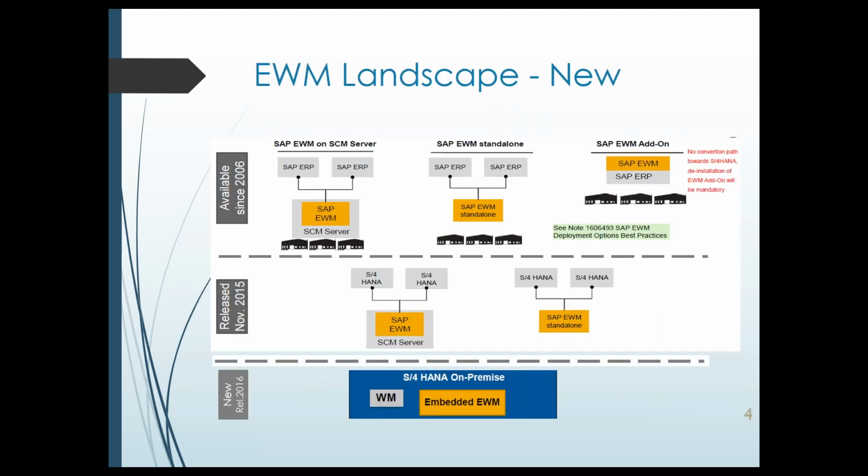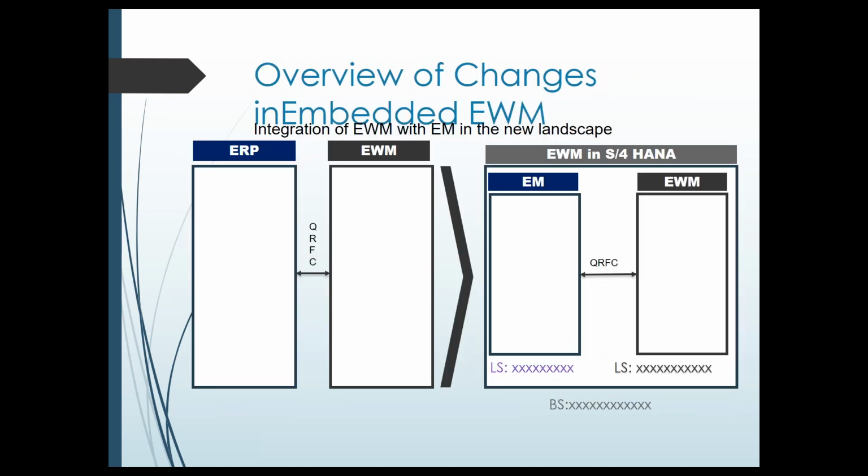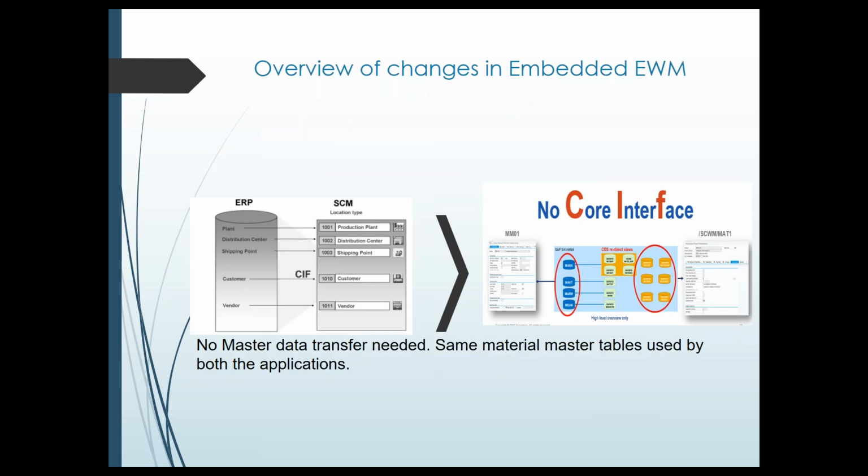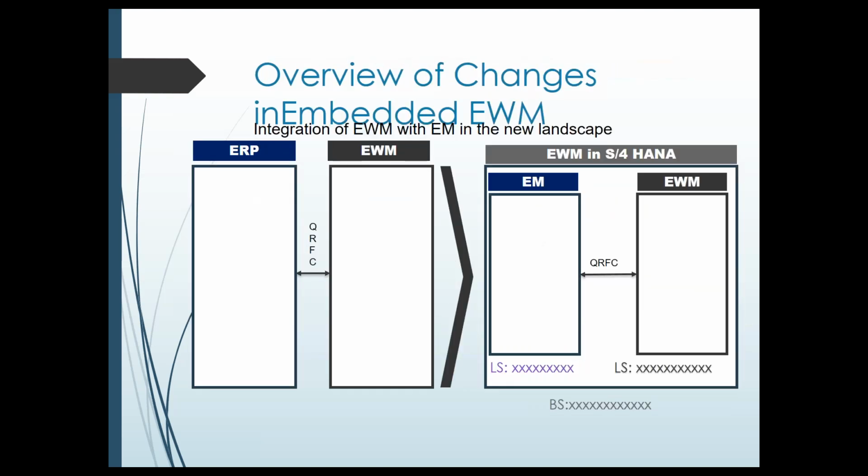But the only thing that we need to understand is the differences between the EWM and the embedded one. Okay, there are changes. Earlier, for connecting the ERP and the EWM, we had something called QRFC, which is the queued remote function call, and that is what we always maintained. But now, this is for the system connections.